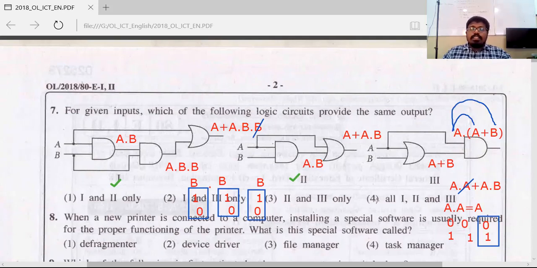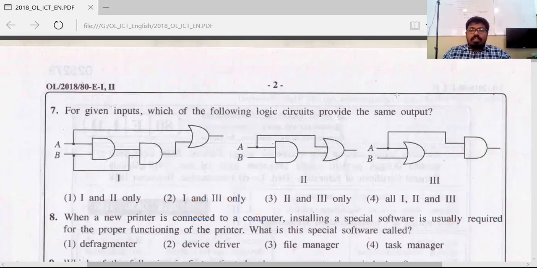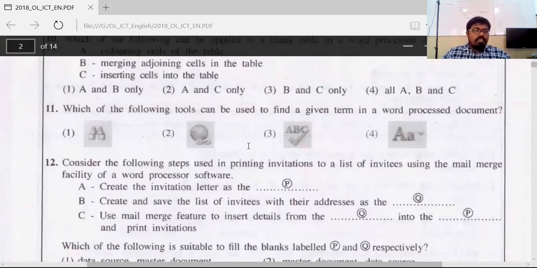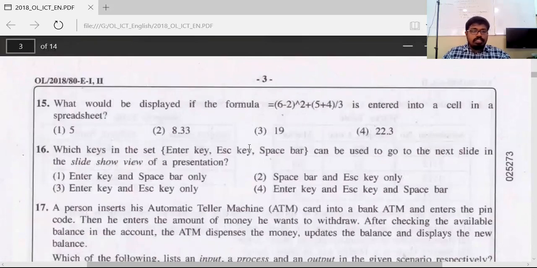So the answer is all 1, 2, and 3. That's the answer option. That's the end of 2018 paper, question number 7. 8, 9, 10, 13. There's no any questions, I think.